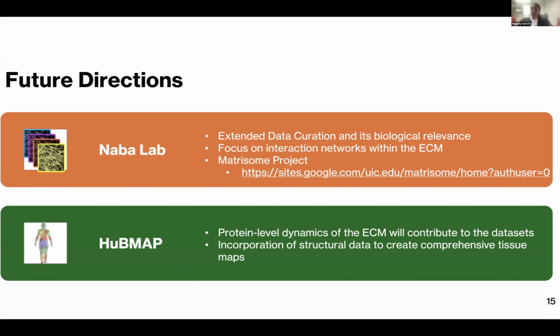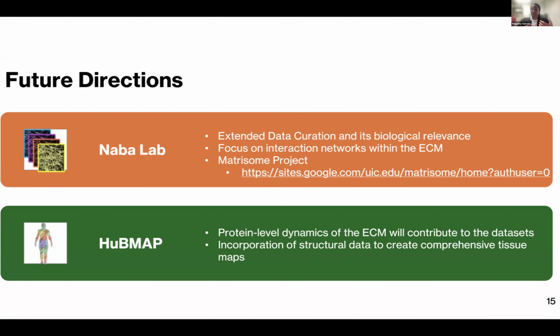With this, we can hopefully broaden our data sets and provide a more comprehensive view of the ECM landscape, as well as complexes, giving us biological relevance and how these interactions can help us understand ECM dynamics, as well as our focus in the matrisome projects, as it aligns with NABA Lab's goals of comprehending ECM mechanisms, as it plays a role in both health and disease.